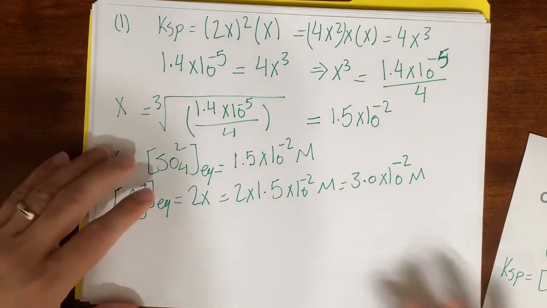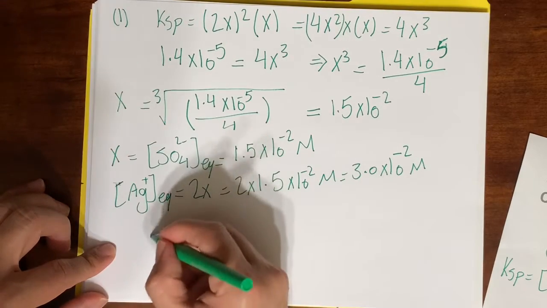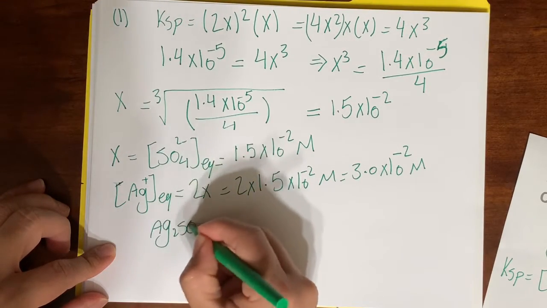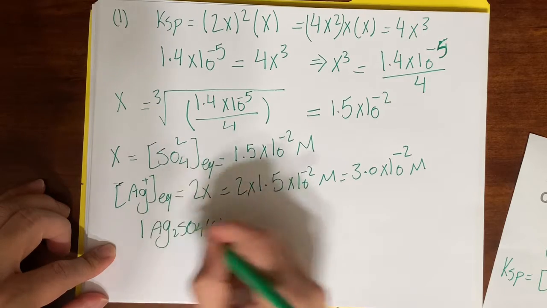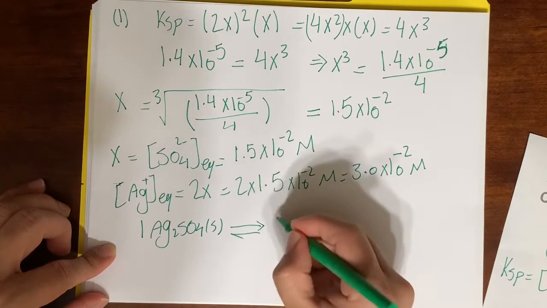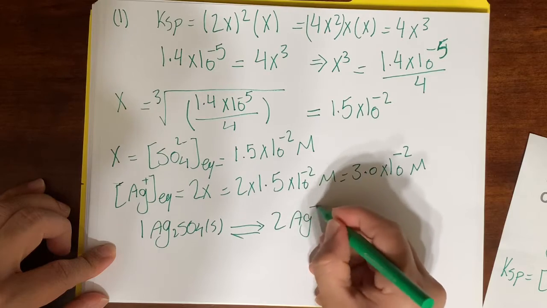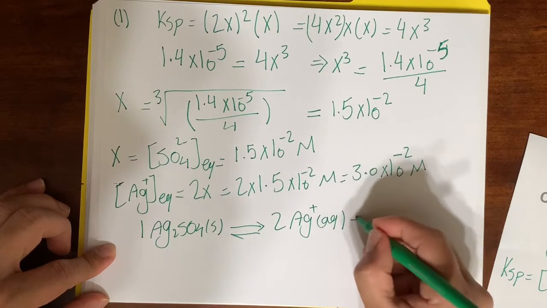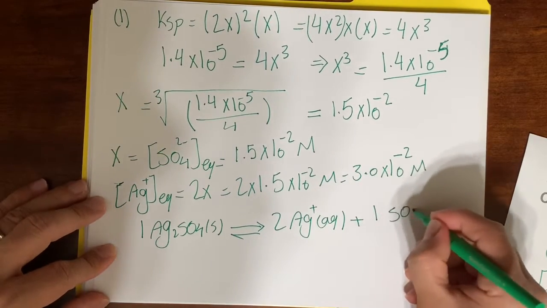Okay, so now it says silver sulfate, if you dissolve 1 mole, you get 2 mole silver plus 1 mole sulfate.